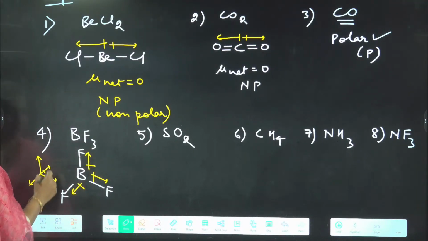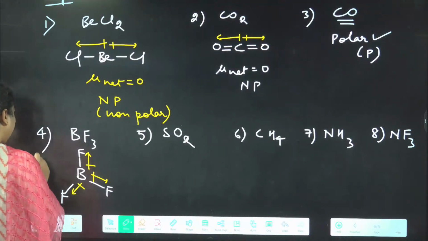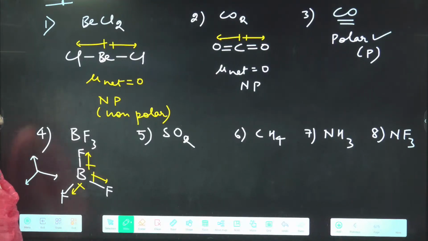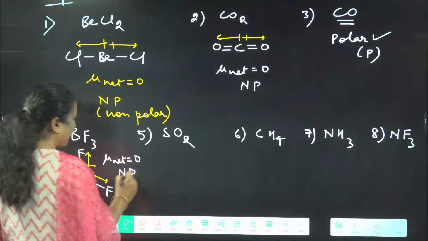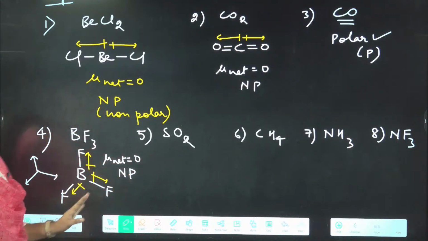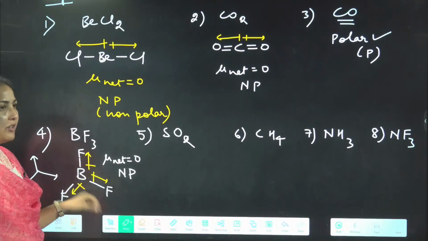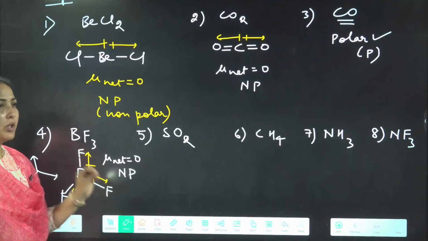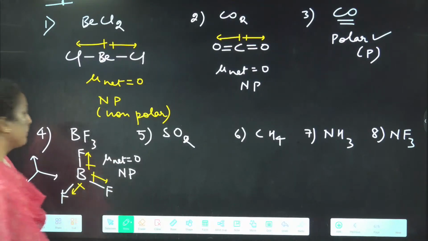The resultant of these two will be somewhere and it is going to cancel out this, right? Because of the dipole moment vector summation, we are saying three vectors placed at 120 degrees cancel out each other. So mu net is equal to 0. It is going to be non-polar. Simply what you have to see is there is a regular geometry in BF3. There is no lone pair on the central atom. All the surrounding atoms are also the same. It is trigonal planar regular geometry. So definitely you will have non-polar, right?